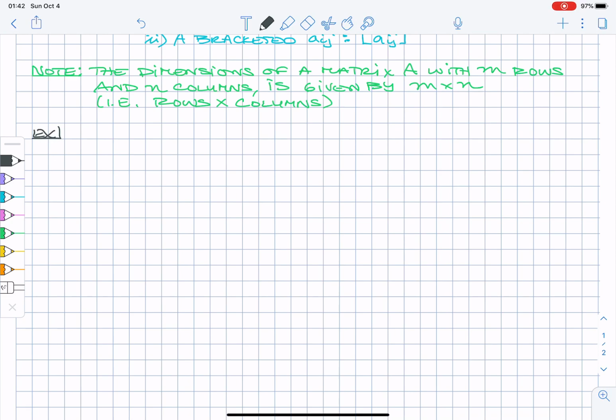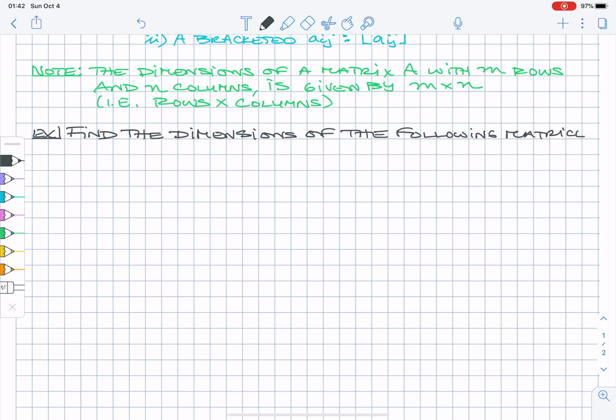So for example, find the dimensions of the following matrices, as well as the indicated entries.